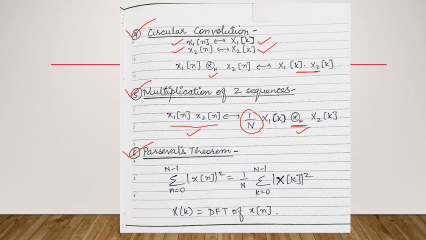This property is helpful because sometimes it is not easy to carry out this summation in the time domain. So we carry out the equivalent summation in the frequency domain where the terms can be easily added up. And here capital X of k is denoting the DFT of x of n.